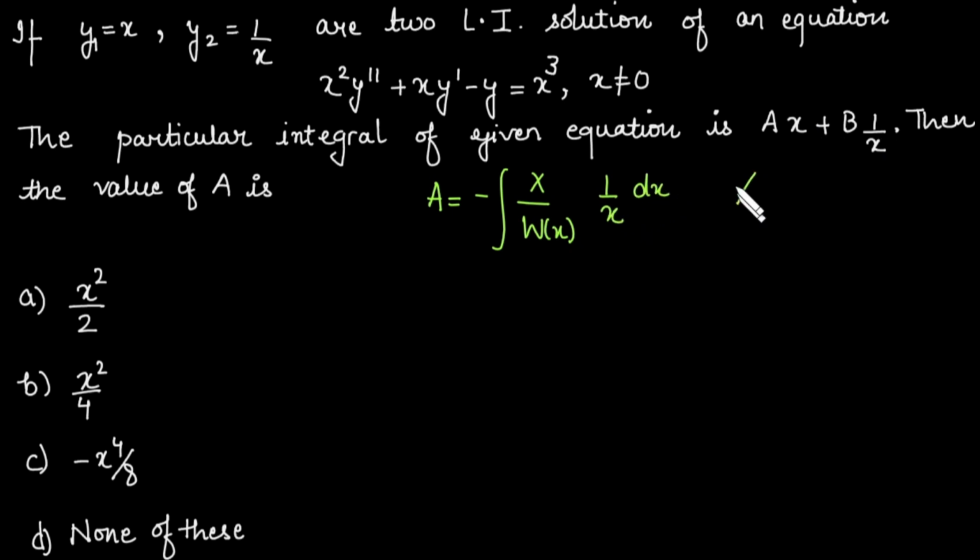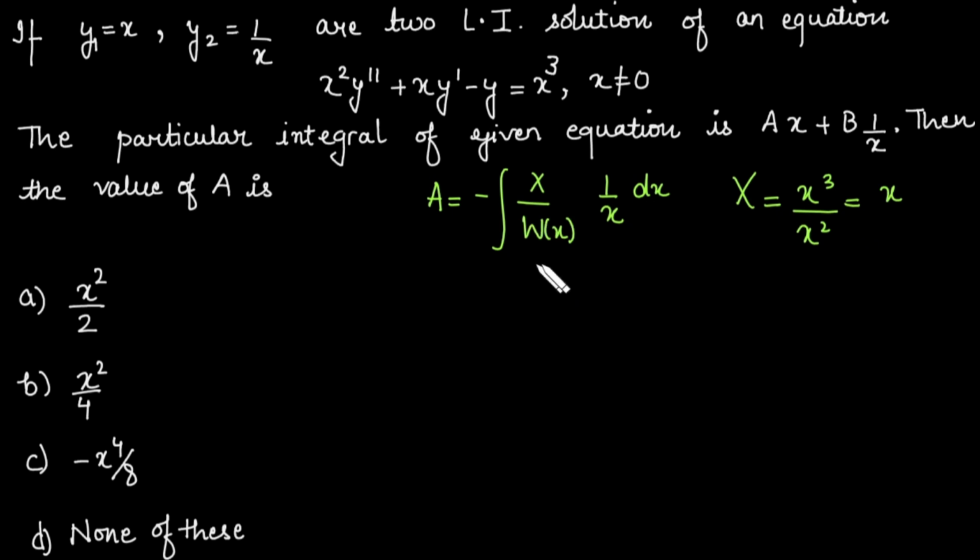Now what is the capital X in this case? That is the right hand side function x cube divided by the coefficient of the second order derivative, that is x square. This is very important to write. In this case this is not a 1. So capital X in this case is x.